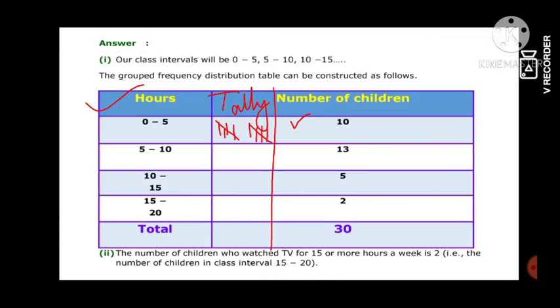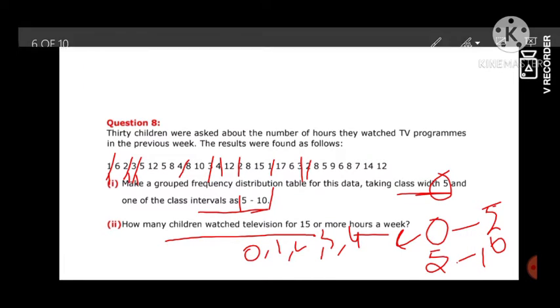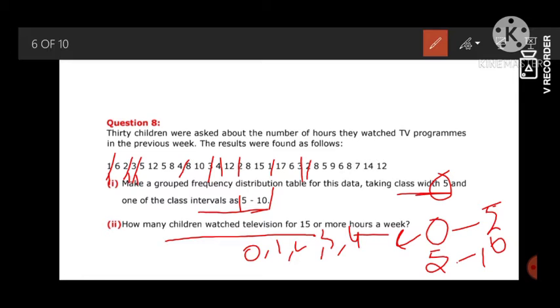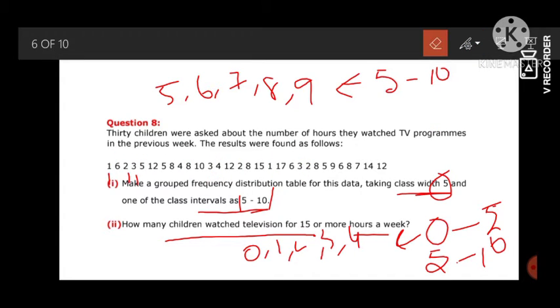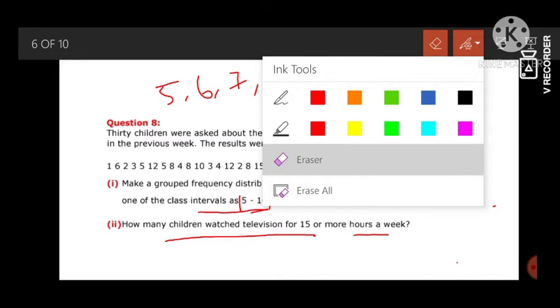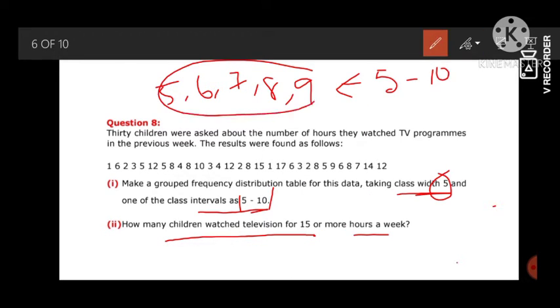Then 5 to 10. In this group, the numbers will be 5, 6, 7, 8 and 9. So let us see how many numbers we get for this tally, and we will consider only these.